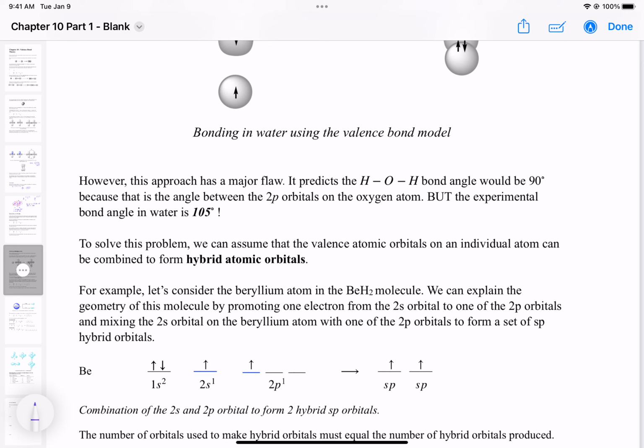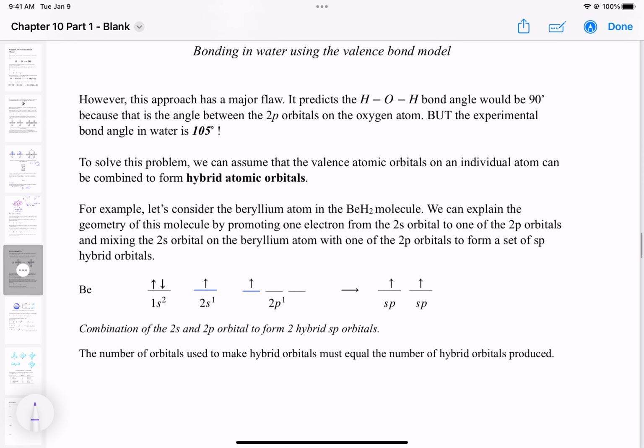The result is we can mix two of these orbitals to form two sp orbitals. That's called mixing, and that's what we call hybrid orbitals, because they're a mixture of both s character and p character. Now we have two orbitals, and they should be of equal length, and then we should have better bond angles to represent the structure.